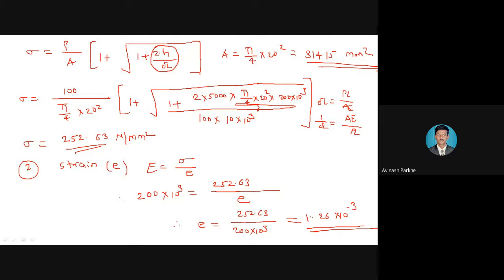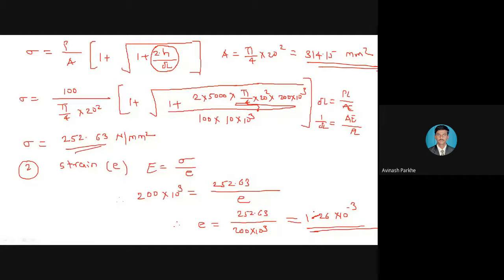So 1.26 into 10 raised to minus 3. This much strain is induced in that particular rod or collar. Do the calculations properly: first the stress calculation, then the strain calculation, and then we go for the calculation of strain energy.